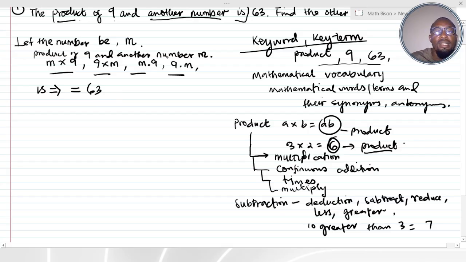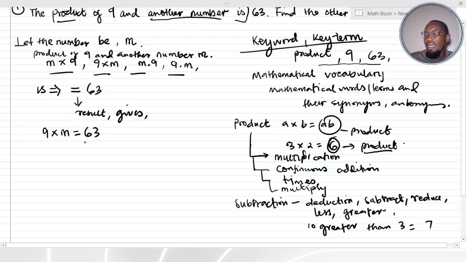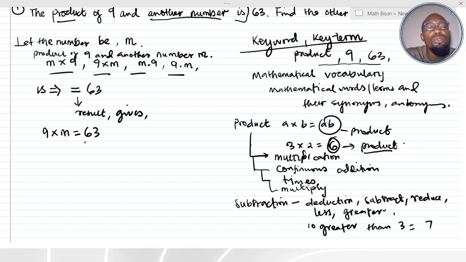Usually, we say the result. When you're talking about this, we say result. We say gives. So what is given after the operation is conducted? This is it. So now let's rewrite. So I can say, let me go with maybe the second one. 9 multiplied by M equals 63.